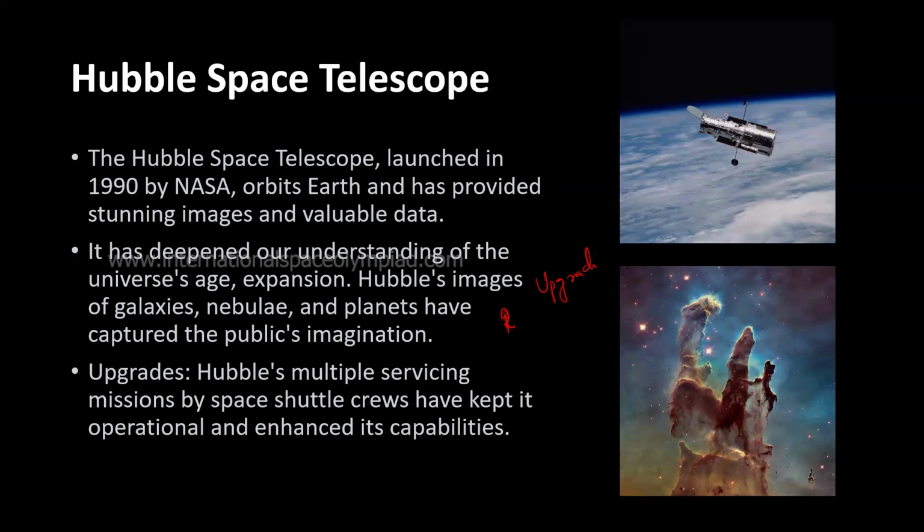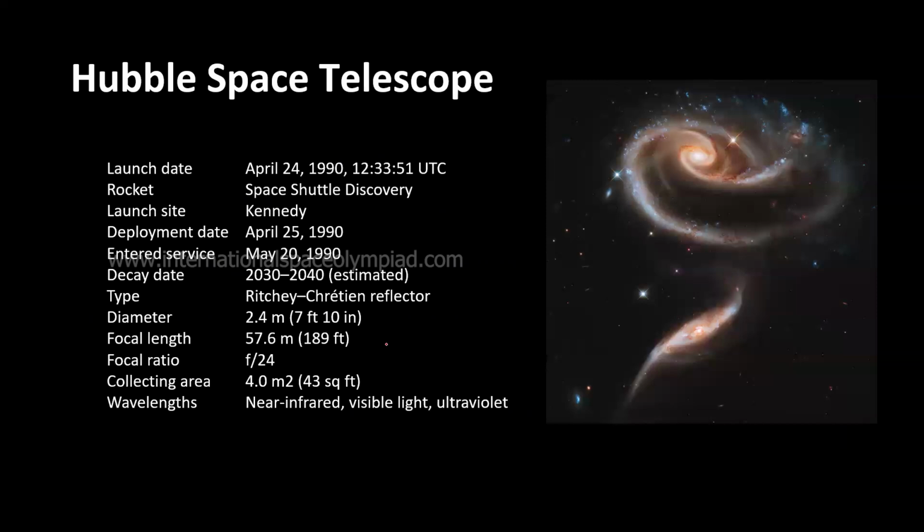Similarly, this telescope is also made to be upgraded. So someone can go there and repair it. That is actually lucky, that we made it like that, because I will explain that later.